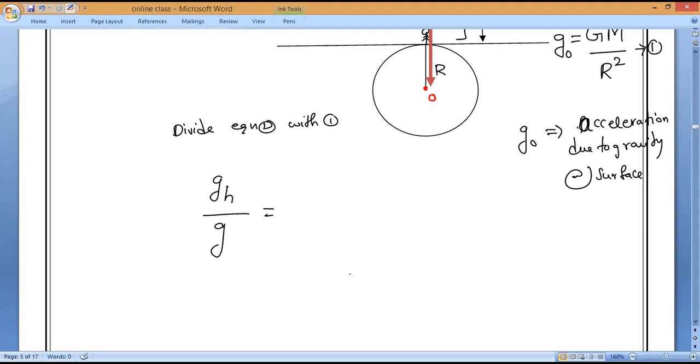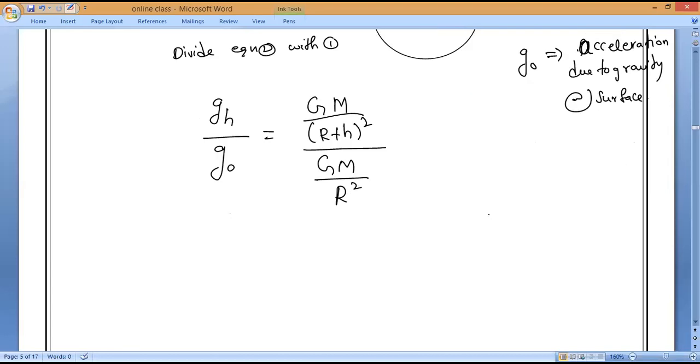Okay, that is what it is. Can you tell me the formulas now? g_h is equal to capital G into capital M divided by R plus H whole square, divided by g naught, which is GM divided by R square. Is it right or wrong?